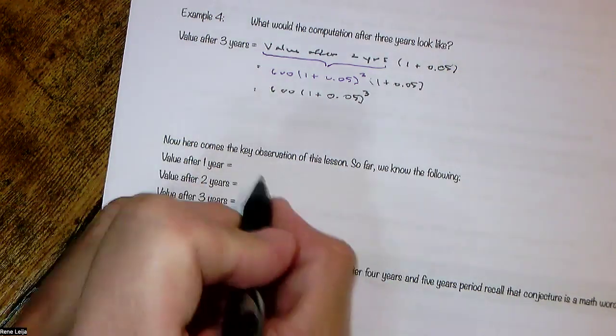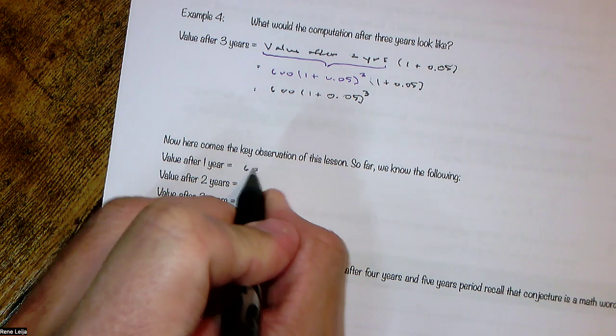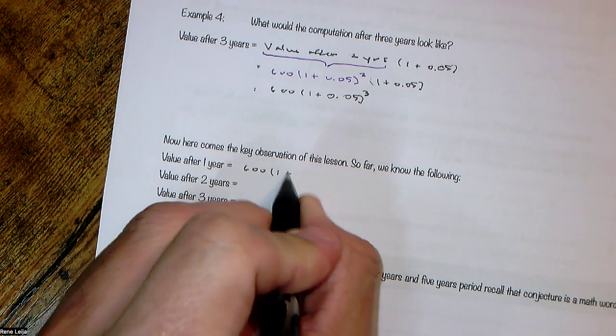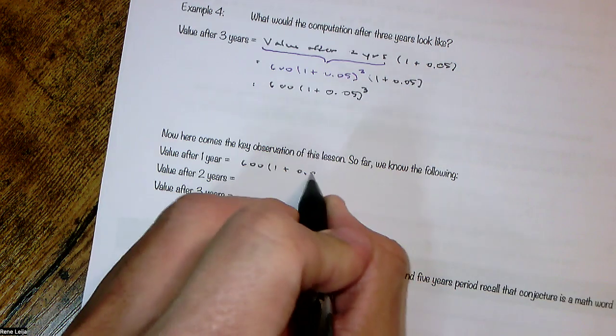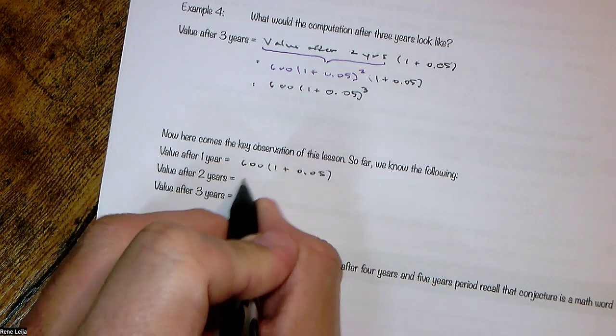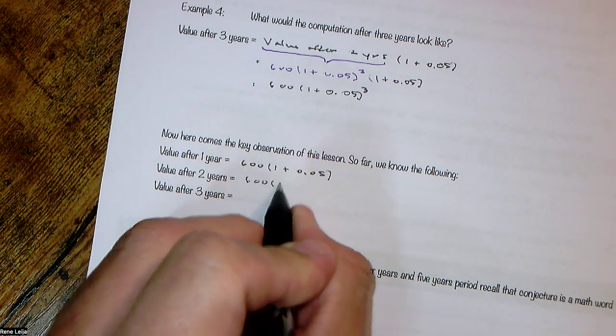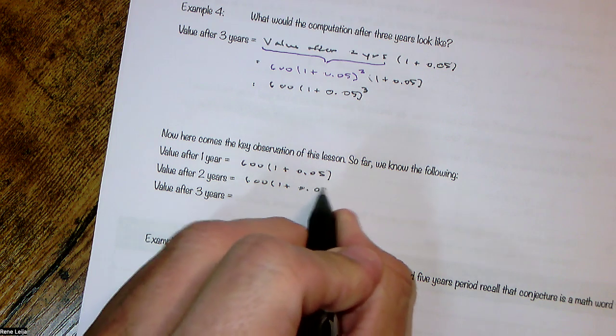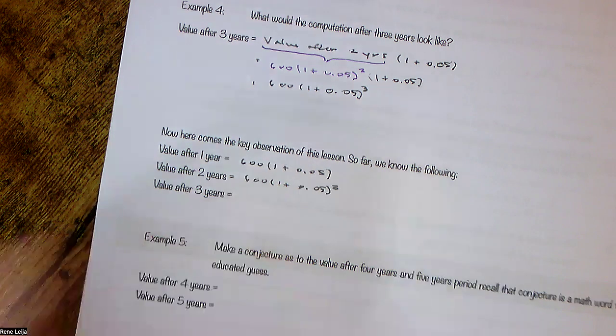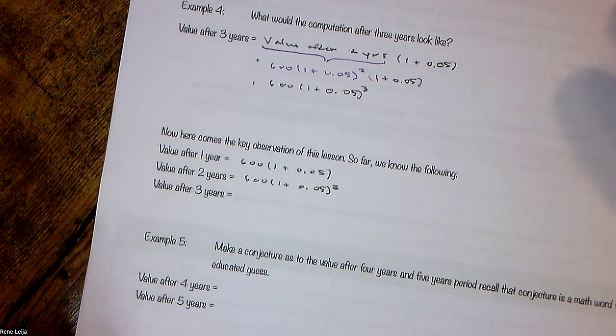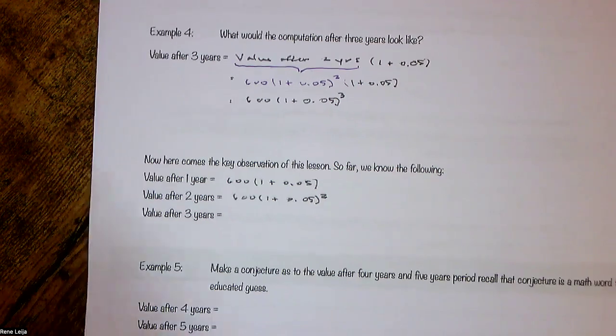To calculate the value after 1 year, that would just be 600 times 1 plus 0.05. To calculate the amount in our account after 2 years, that's going to be 600 times 1 plus 0.05 squared.